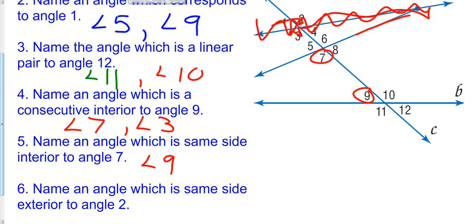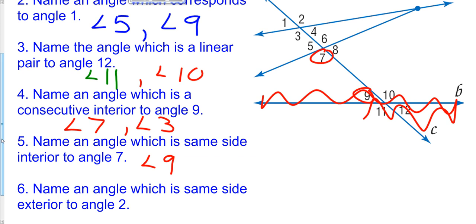These two are both on the interior, and they're on the same side. So now, let's take out this one, and I want you to see what happens. This one, we only have one answer, and the reason for that is, if we talk about angle 7 now, in the sense of angles 1, 2, 3, 4, 5, 6, 7, and 8, 7 is on the exterior. So there's only one same side interior to angle 7, because if you take out this line, now it becomes an exterior angle. So just one answer for number 5.